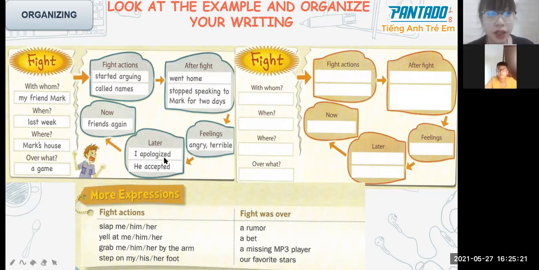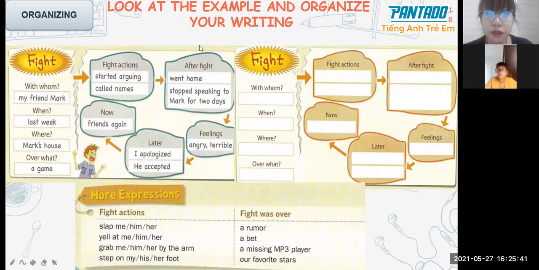So next, next to the outline, we have the fight actions: started arguing, and so on. So remember, you have to put these actions in time order. So what happened first, you say first.